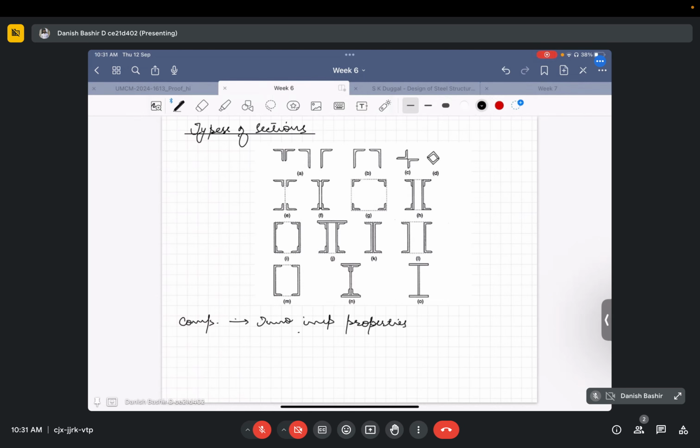First is the radius of gyration, which I am writing as ROG. It implies the moment of inertia, because the moment of inertia is equal to A times the radius of gyration squared. You remember this, so that is why it is very important.